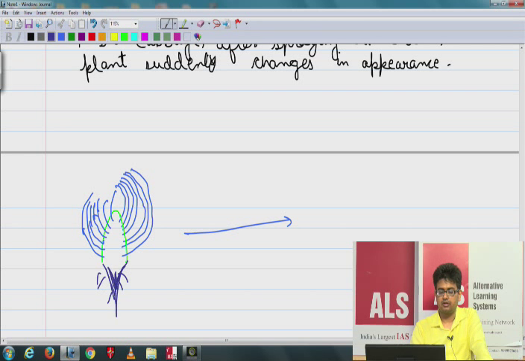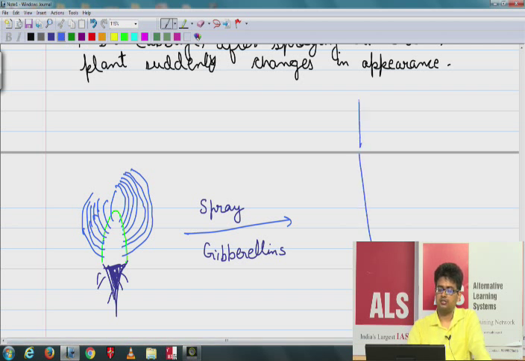It's a bit elongated. So spray the gibberellins. Now what will happen? It will suddenly change in appearance.